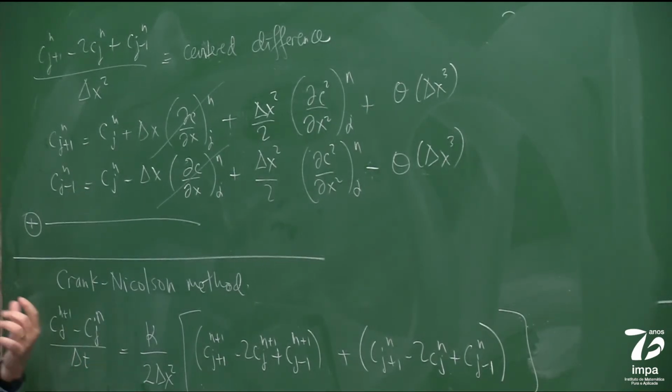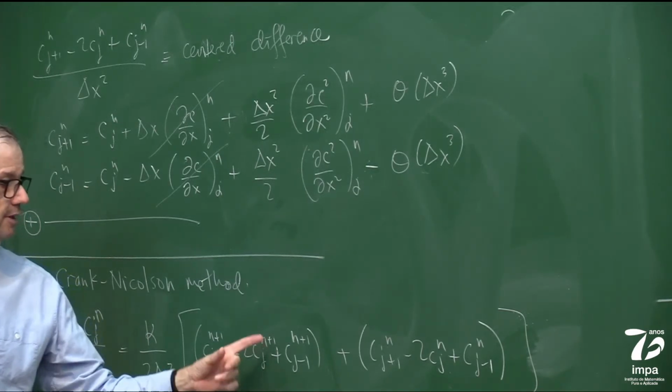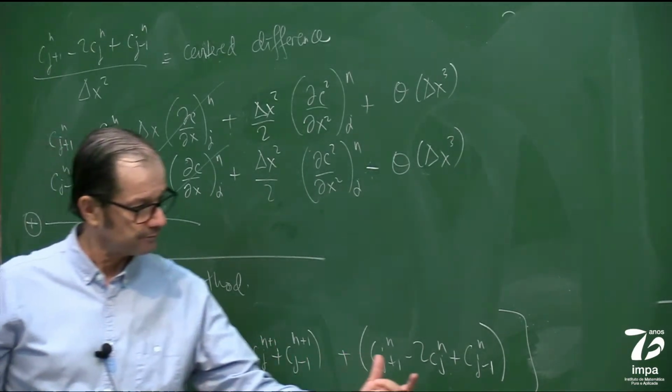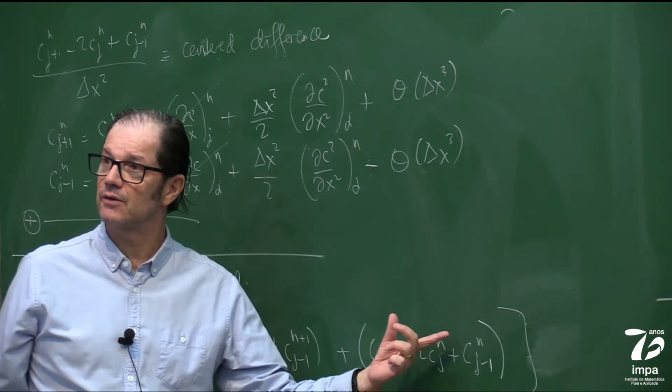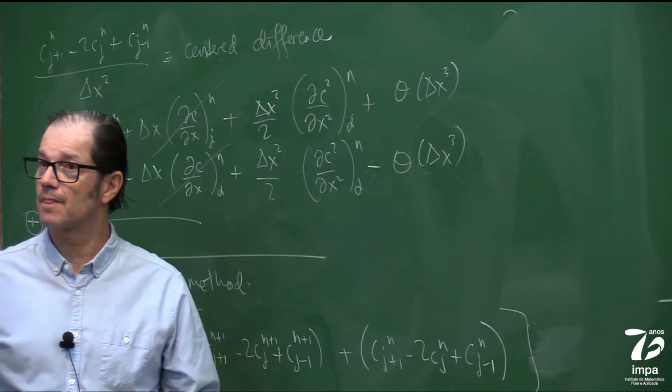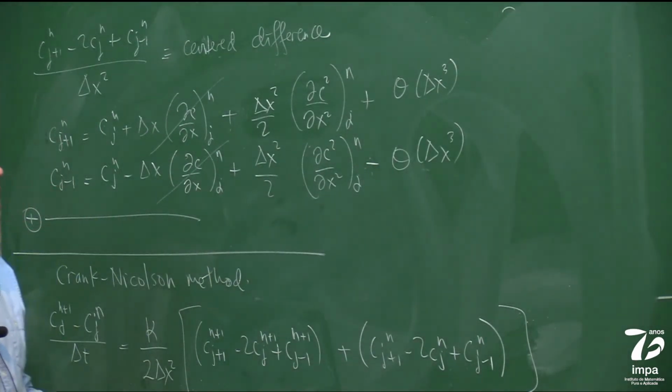It's implicit. It got the second derivative at time n plus 1, the second derivative at time n, and did an average. Okay?